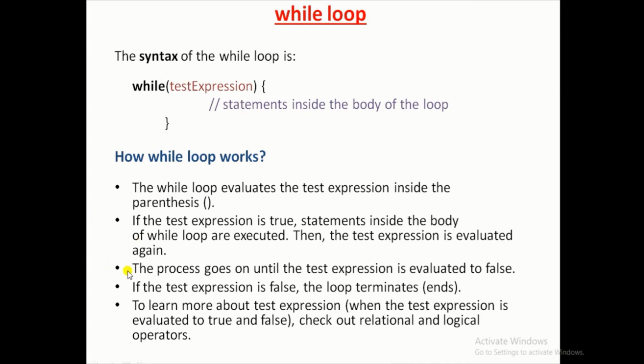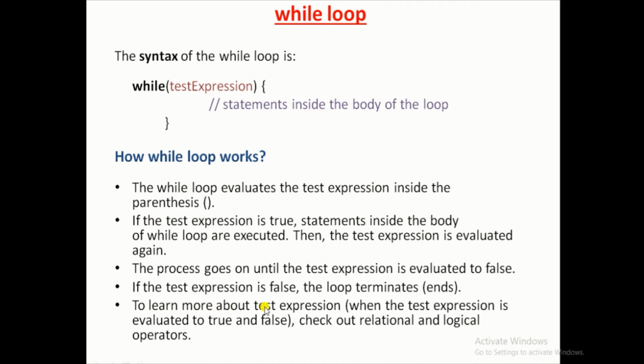The process goes on until the test expression is evaluated to false. So this process continues until the test expression is false or the condition is not satisfied. If the test expression is false, the loop terminates. When the test expression is evaluated to true or false, check out the relational and logical operators.